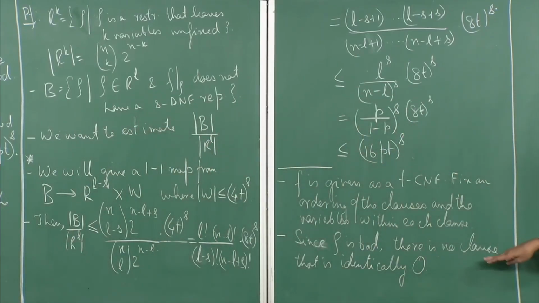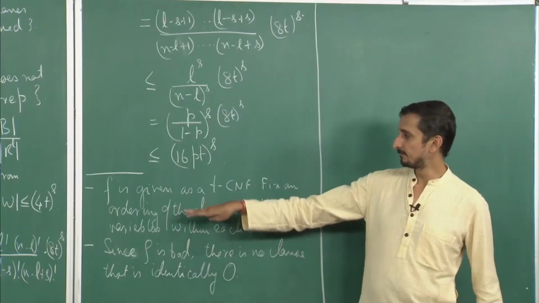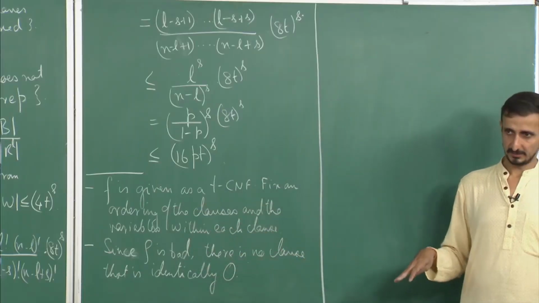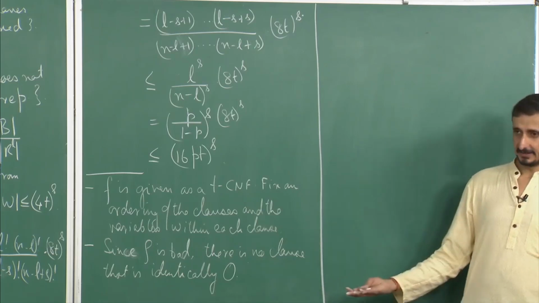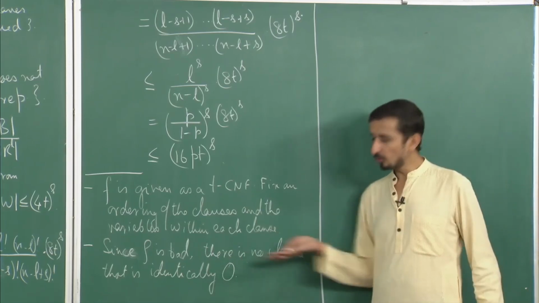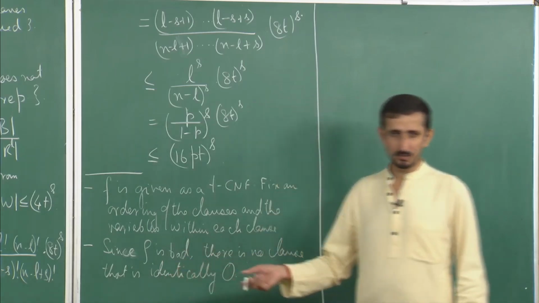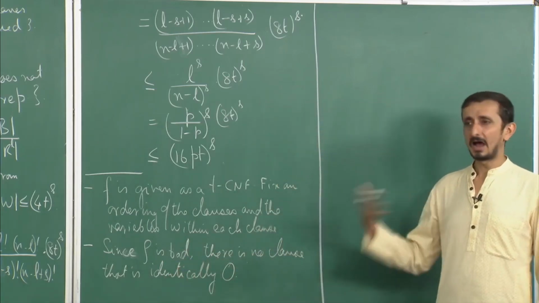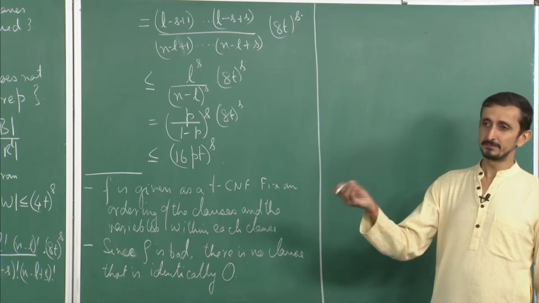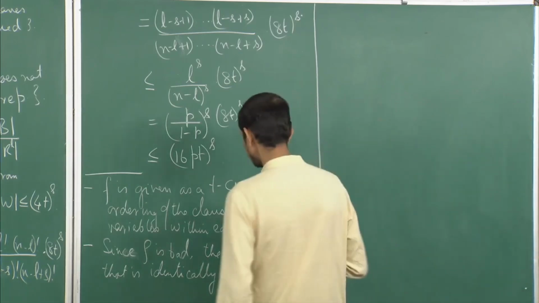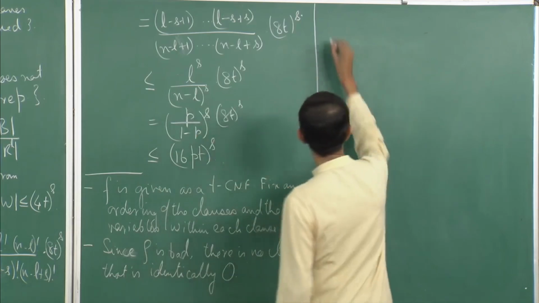Because f restricted to rho does not have an SDNF representation, it cannot be the identically 0 function. Because it cannot be the identically 0 function, there is no clause that is identically 0. There can be some clauses which are 1 and some clauses which are unfixed, that is, which have some variables which determine whether it will be 0 or 1.